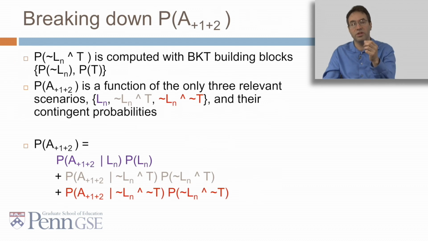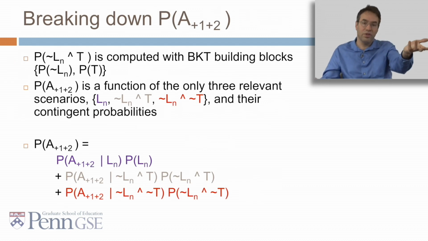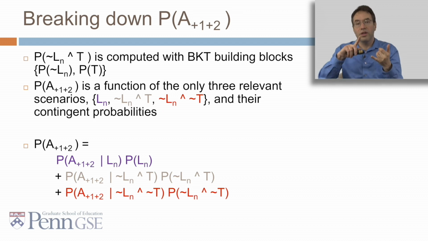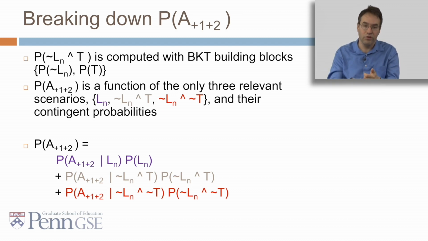The probability that they didn't know it and they learned it is computed with the standard BKT building blocks, the probability that they didn't know it at the current time, and the probability they learned it. The probability of the next 2 actions is a function of the only 3 relevant scenarios. Either they already knew it, or they didn't know it and then they learned it, or they didn't know it and then they didn't learn it, and their contingent probabilities.